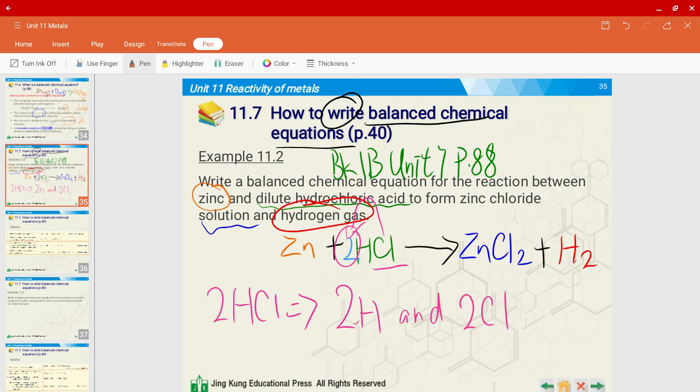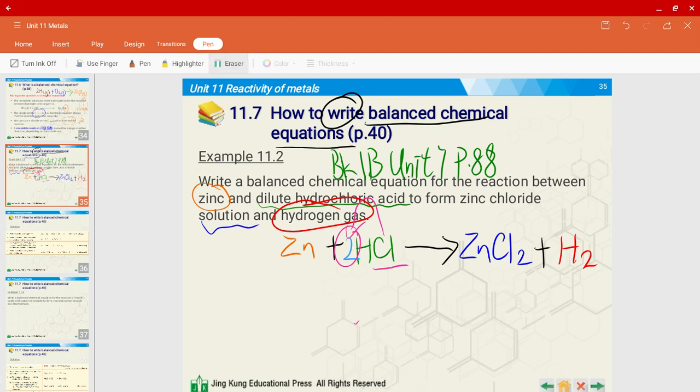Simply put, that's what it means. So the coefficient 2 is for the whole compound because they're one same compound. Hydrochloric acid, HCl, is the same compound. Please do not mix up with your maths. This is for the whole compound.